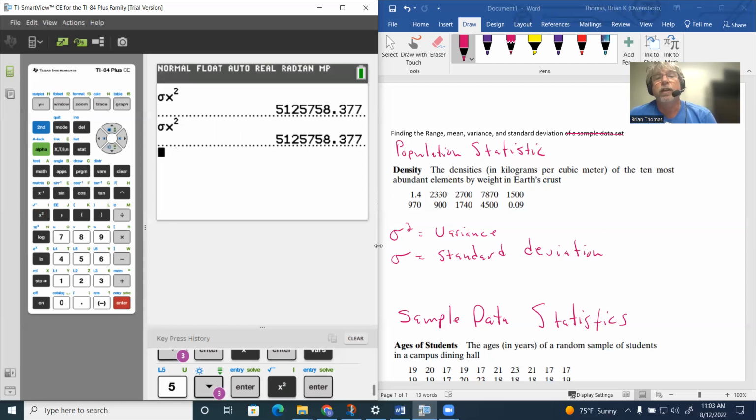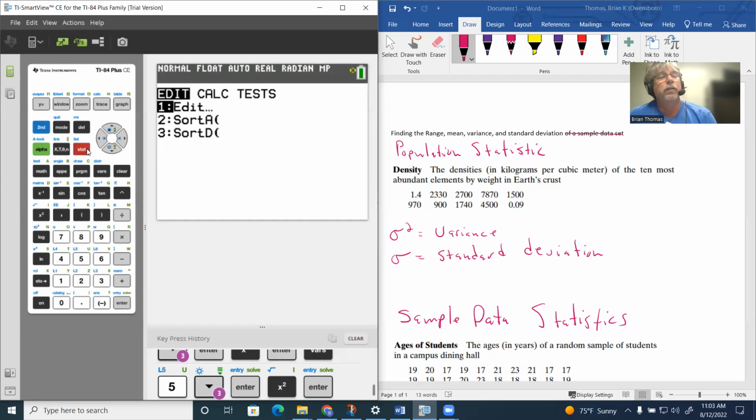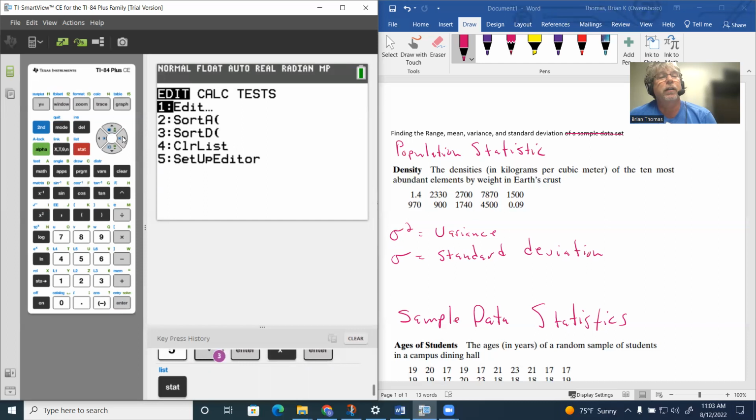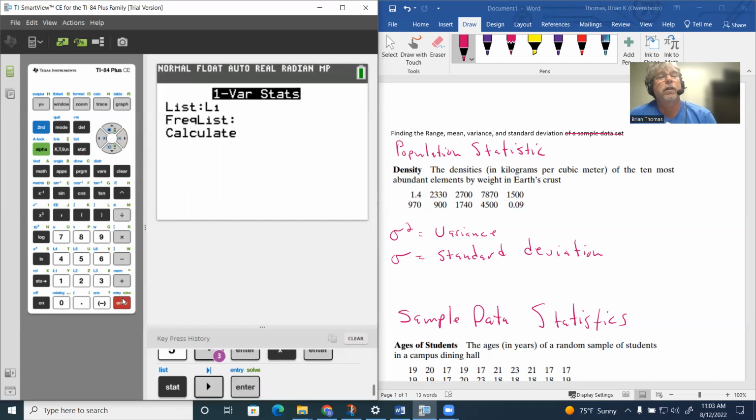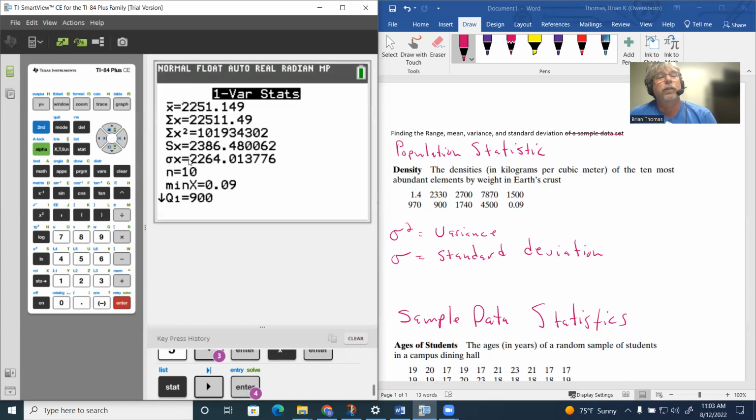Now, if I just want the standard deviation, I go back to stat, back to calculate, hit enter, and list 1 is fine. So sigma x is actually the standard deviation. The calculator doesn't show variance, but it does show the standard deviation by using sigma.